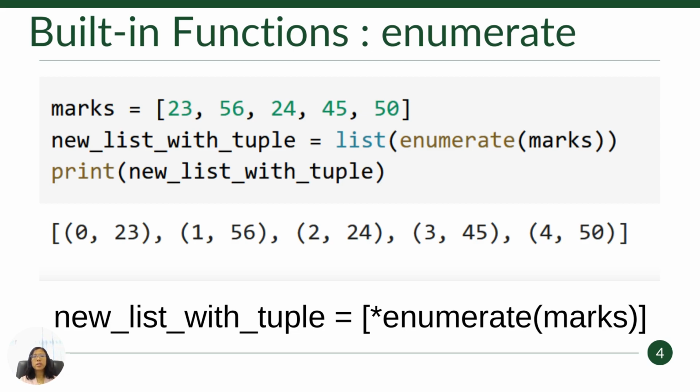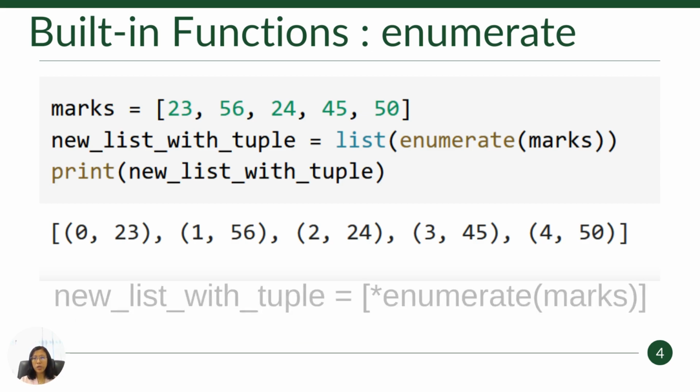So instead of writing the tuples and list with a lot of syntax errors, we can just call list of enumerate of marks, and it will give you the list. Or instead of type casting, we can also use the asterisk star to expand your values. So bracket star enumerate of marks will give you the same values as type casting.